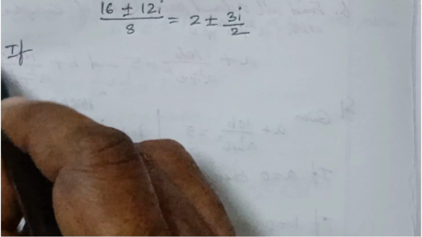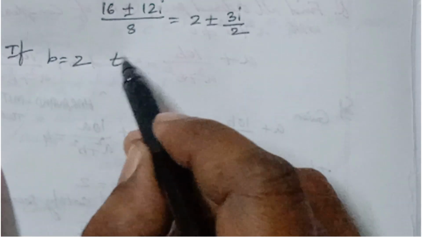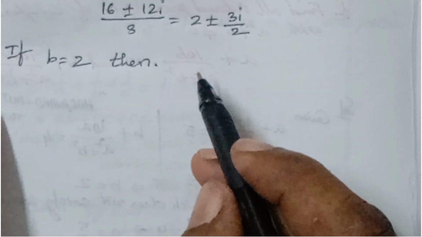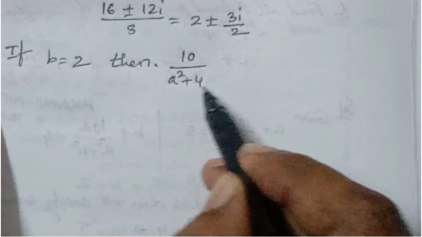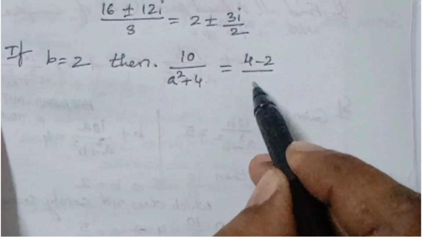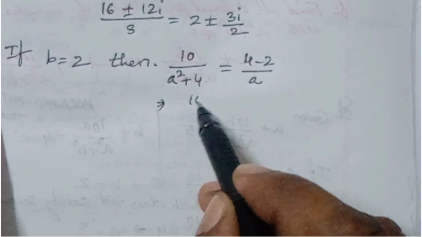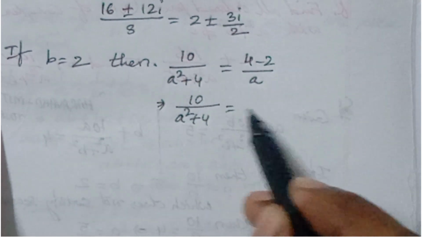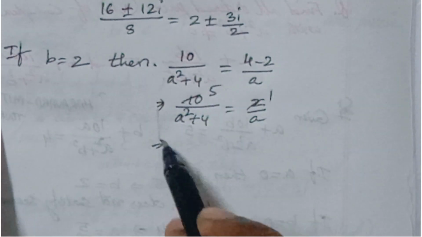Now second case, if b is equal to 2, then substituting the value in the second one, 10/(a² + 4) is equal to 4 minus 2/a. So here 10/(a² + 4) is equal to 2/a. One time here 5 times.